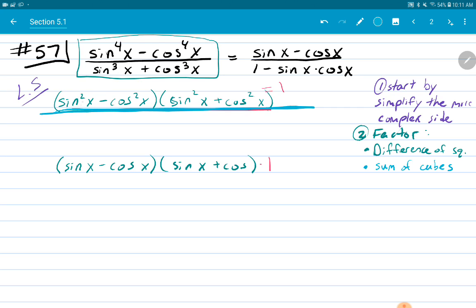And this can factor into sine of x plus cosine of x times sine squared of x minus sine of x times cosine of x plus cosine squared of x.